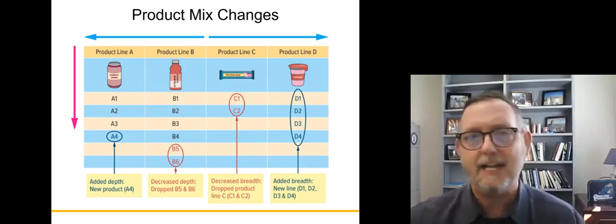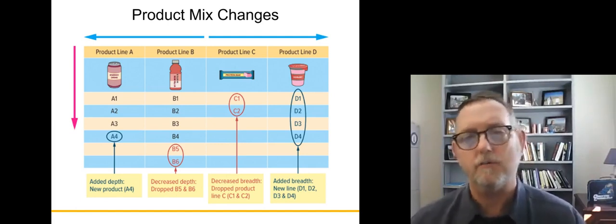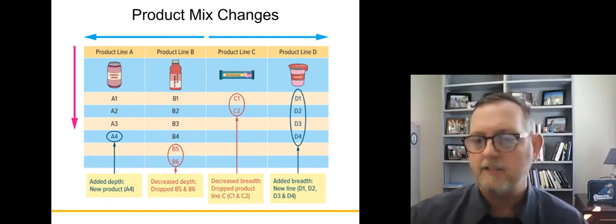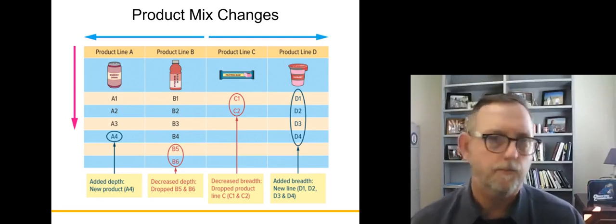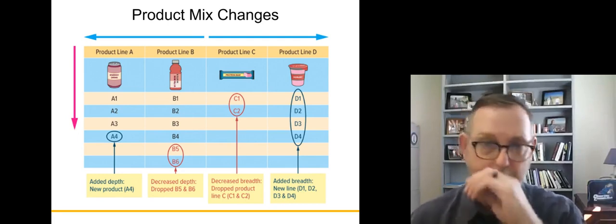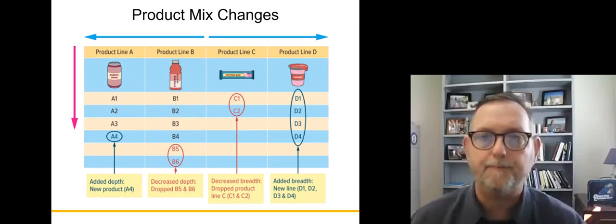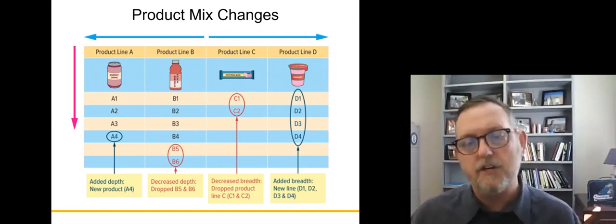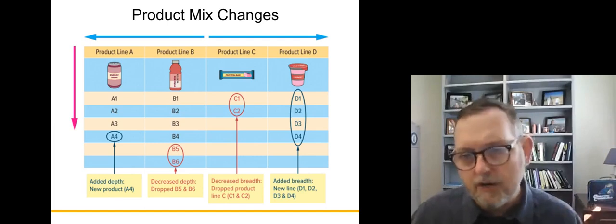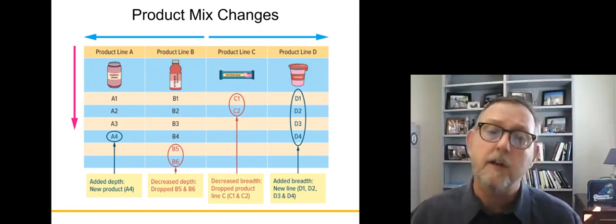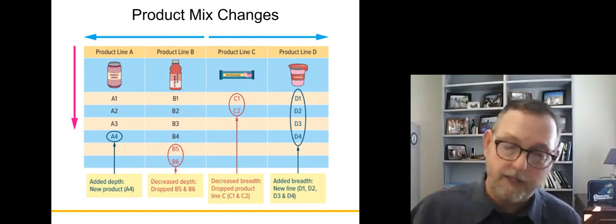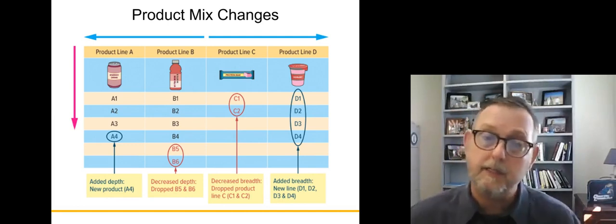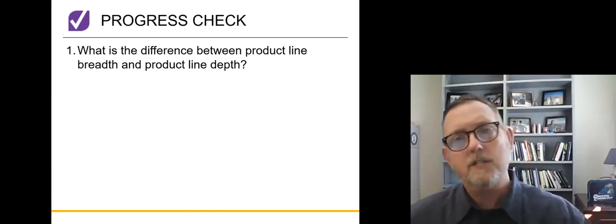Instead, though, maybe product line D, they decide to add yogurt. Maybe this yogurt line is now going to replace their protein bar line. So they've added a whole new category, and they have 4 products in it. Okay, so this is the start of this chart. We can do more strategy. You've seen 4 here though, both associated with contracting or adding either in the mix or in the line itself.